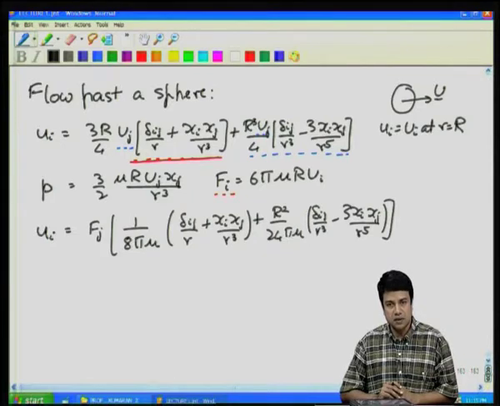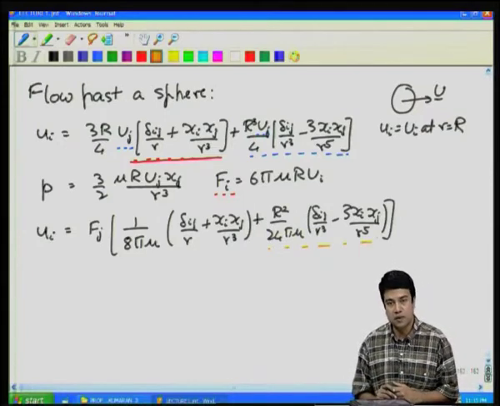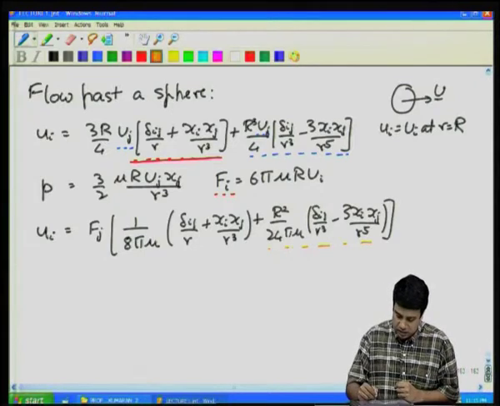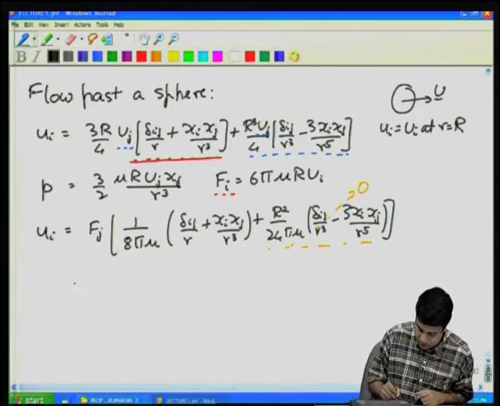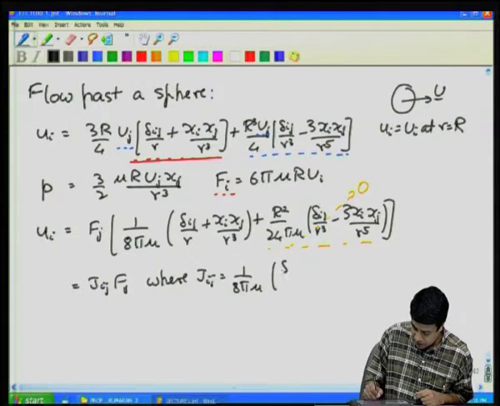If we take the point particle limit, that is capital R is small compared to small r, which is the distance from the center of the sphere, this second term goes to 0, because in the point particle limit small r is very much larger than capital R. In that case, you get u_i is equal to J_ij f_j, where J_ij is equal to 1 by 8 pi mu, delta_ij by r plus x_i x_j by r cubed.